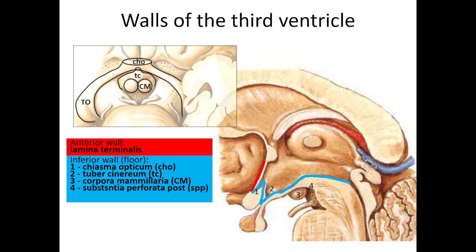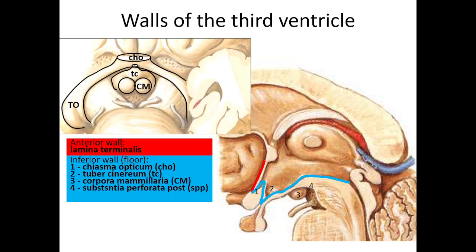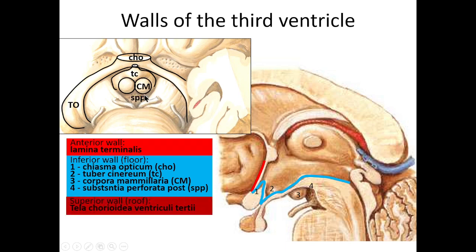To better understand all the structures, let us also use the inferior aspect of the brainstem. So here they are: chiasma opticum, CHO, tuber cinereum, TC, corpora mammillaria, CM, and substantia perforata posterior, SPP.